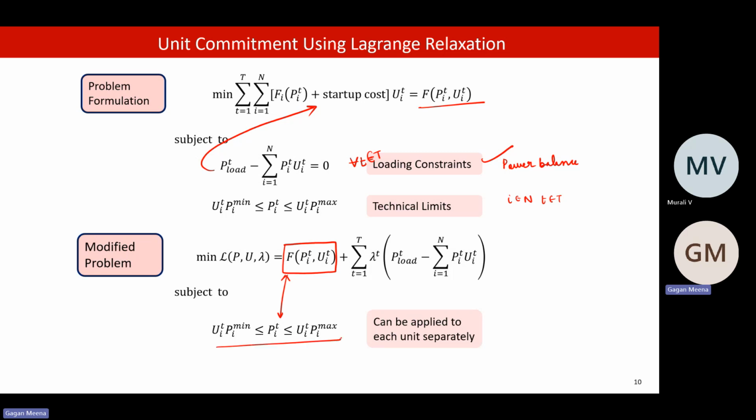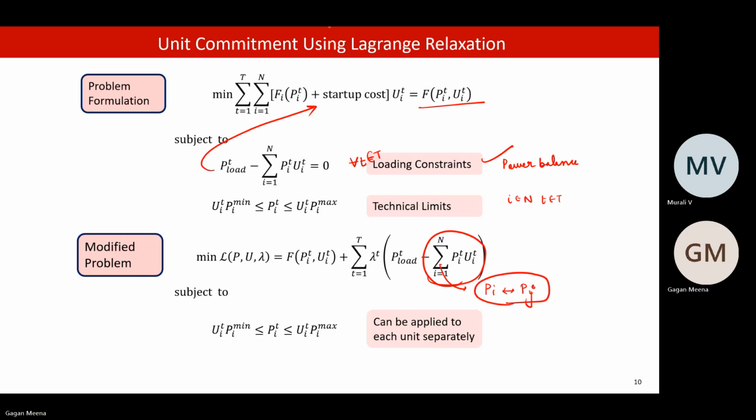For each generator, this can be satisfied and this cost can also be found if this term is relaxed, if this term is not there. Because this is the term which relates the output of one generator with the output of other generators. If it is not there, then you can independently solve the problem for each of the generators.